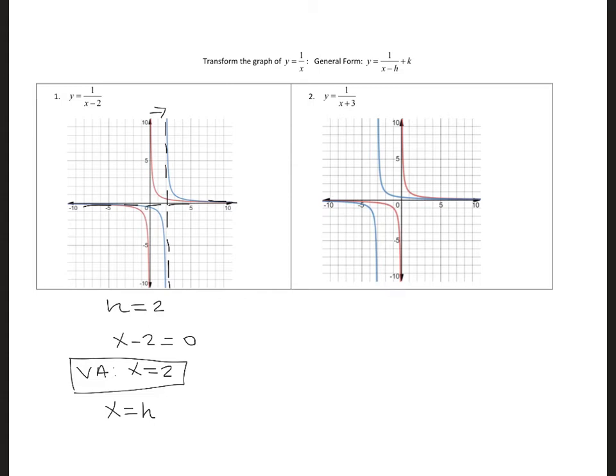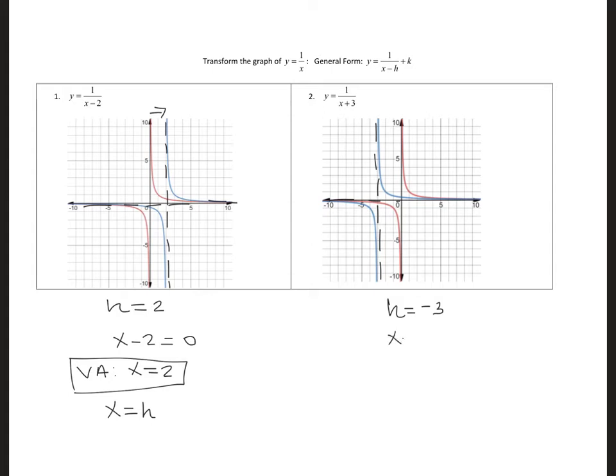I will start by drawing the asymptote because I can see it here. It's being approached but never touched. And again, it's only the vertical one which moved. I identify h here, which is equal to -3.